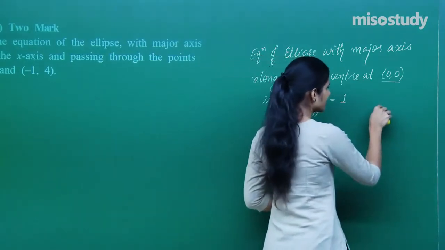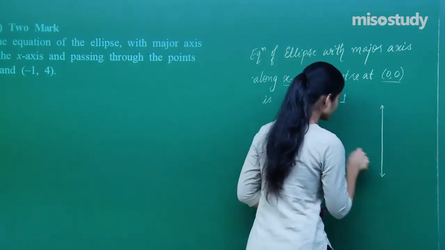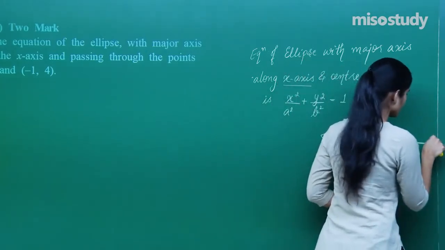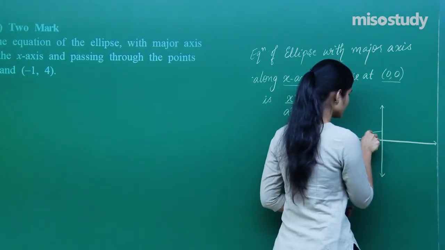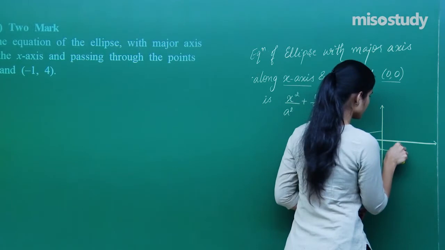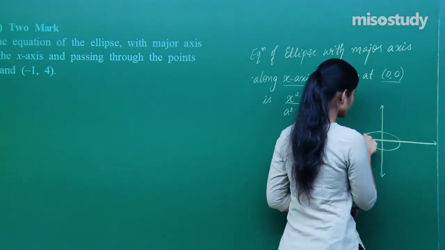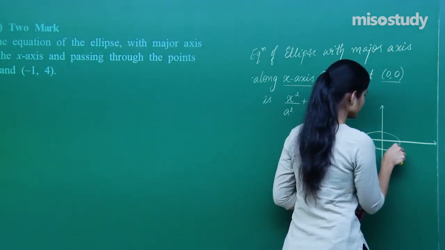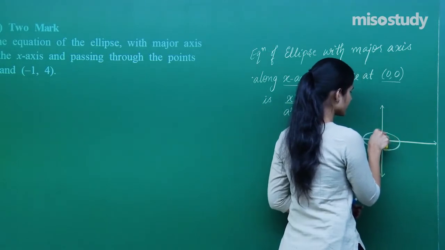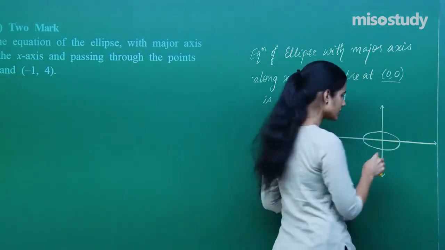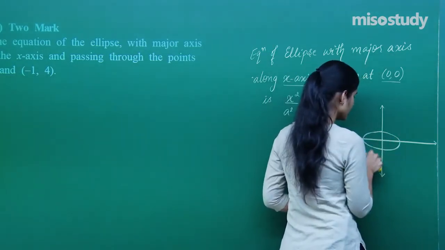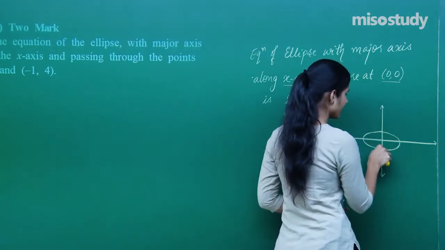Basically the ellipse in that situation looks something like this, right? The major axis is along x-axis and the center is at origin. This is my origin. That's my major axis, that's my minor axis.